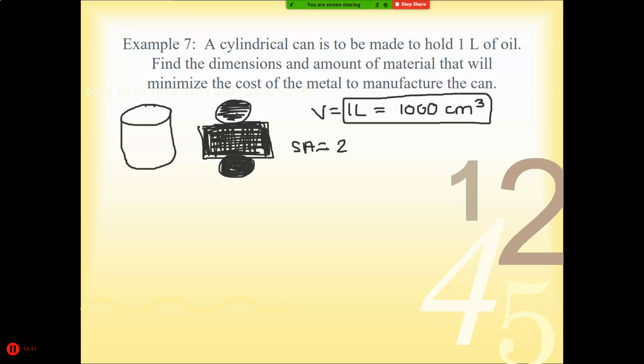The area of a circle is pi r squared. So in this case, it's 2 pi r squared because I have 2 circles. And then the rectangle, we'll say that it has height h and radius r. The circumference of a circle will represent the width of the rectangle.